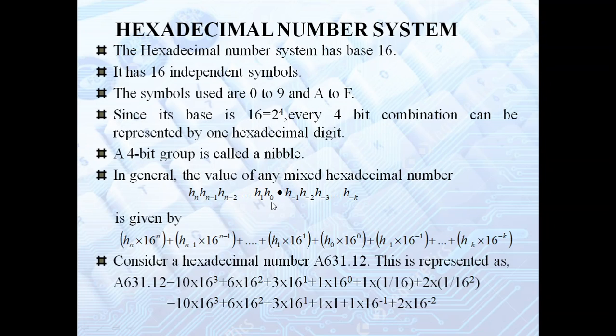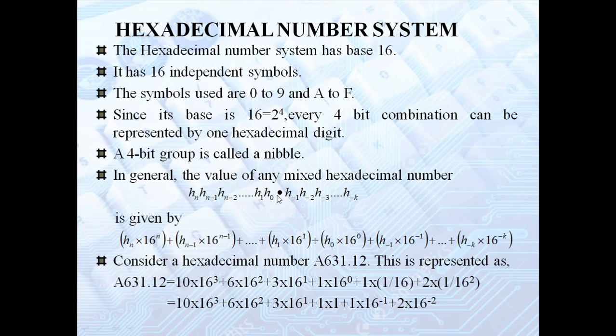Here, starting from the first integer position h suffix 0, it is multiplied with 16 power 0, and the second integer position h suffix 1 is multiplied with 16 power 1, and so on.